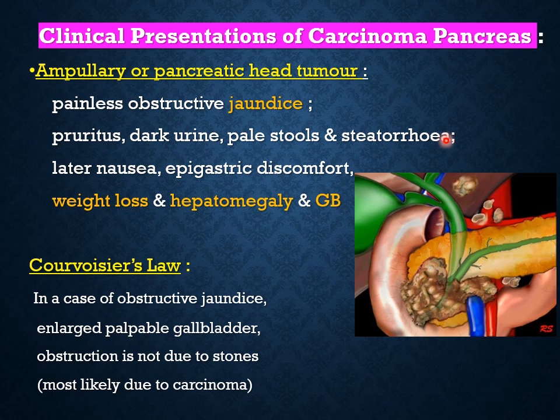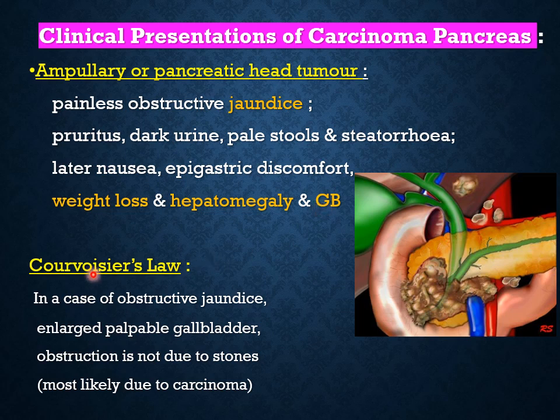malabsorption of fats. Later they develop nausea, epigastric pain, and even an epigastric mass. Weight loss becomes a very important feature of carcinoma of the head of the pancreas, and hepatomegaly with an enlarged, palpable gallbladder.